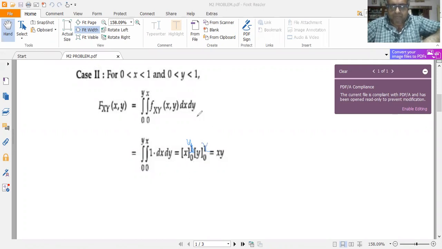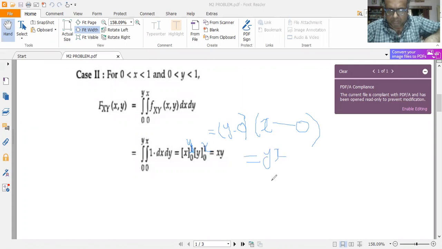So this becomes y minus 0 into x minus 0, or this becomes yx, which is equal to xy.